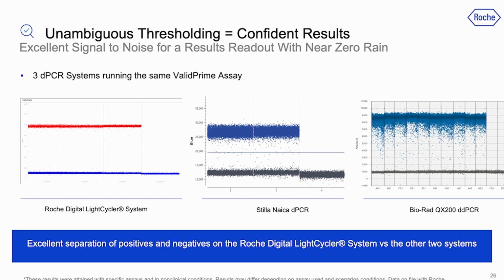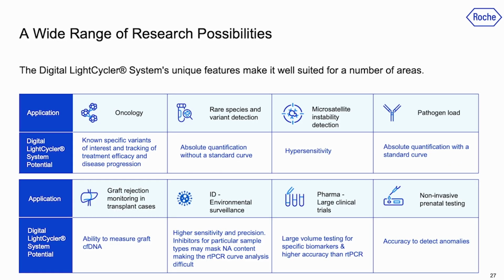There's also the point that this system is suitable for a variety of applications, and I'll walk you through a couple of those on the next slide. As already mentioned, oncology is a big field, looking at variant detection, microsatellite instability, pathogens for infectious diseases, transplant, whether it's graft rejection in transplant cases, environmental surveillance, large clinical trials, and also NIPT.